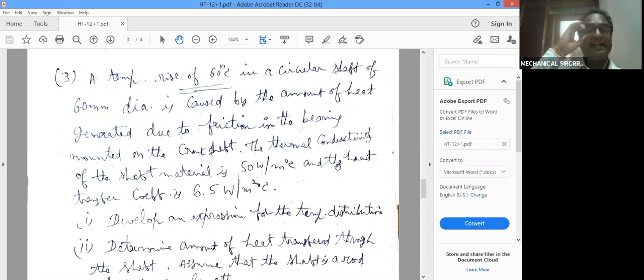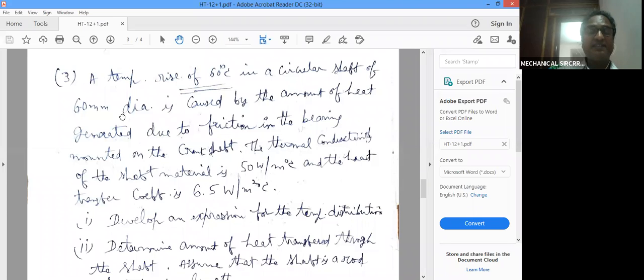Here the fin cross section is circular in shape. Temperature difference 60 degrees centigrade.